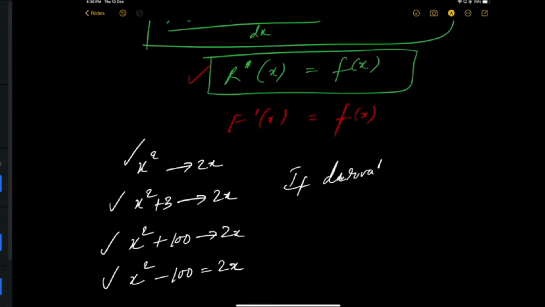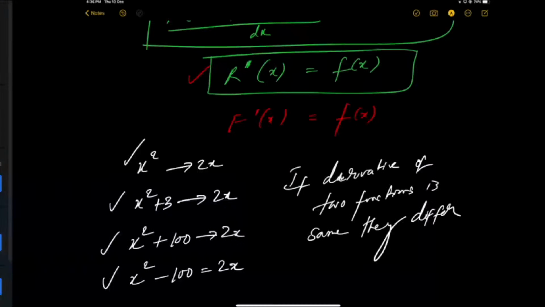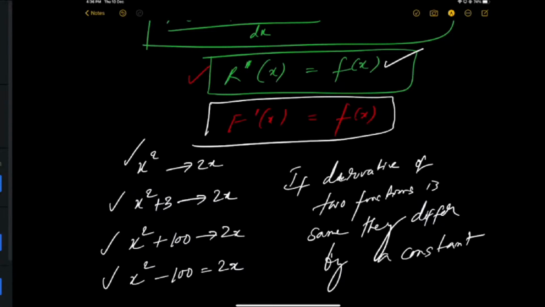If derivative of two functions is same, they differ by a constant. Correct. That means derivative of capital R of x is small f of x, and derivative of capital F of x is also small f of x.